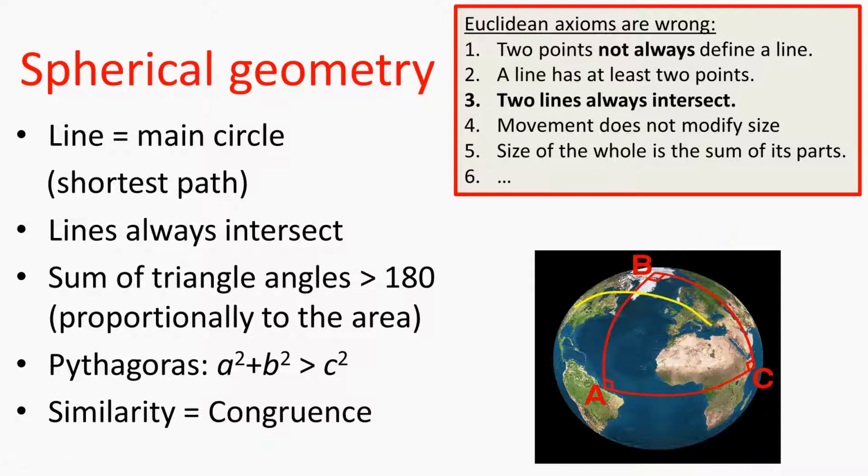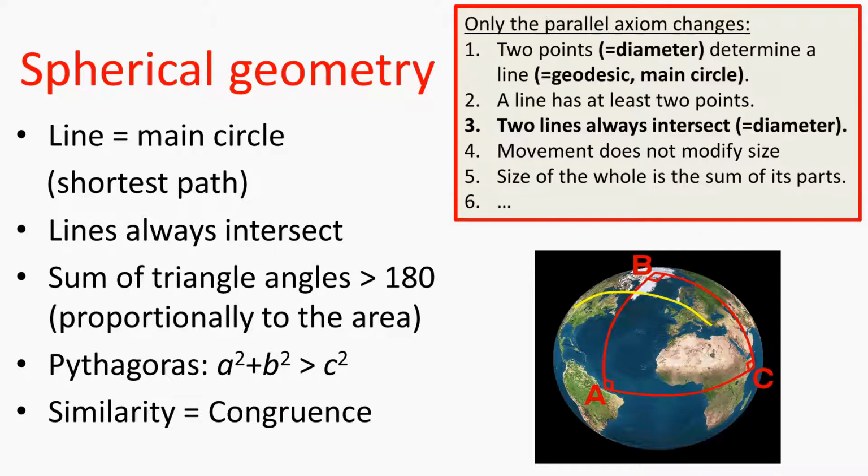After these reinterpretations, we can replace the first trial of our axioms, and then we can say that 2 points, using the interpretation of the point here, which means that the point is in fact a diameter, unambiguously define a line, which is nothing but a main circle of the sphere, and also the geodesic defining the shortest path. So the first axiom remains valid.